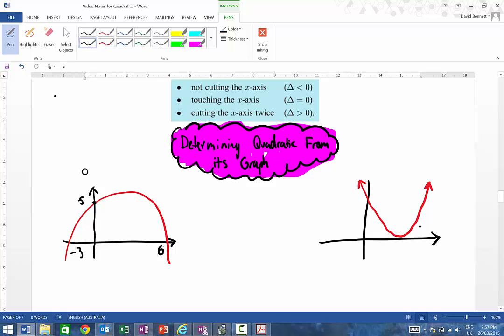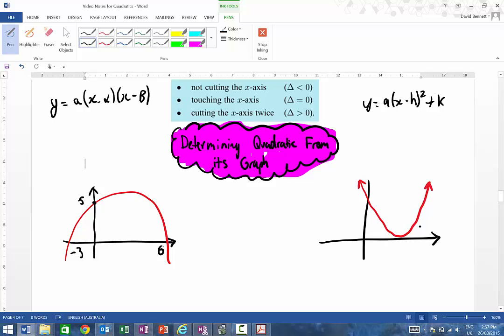So we've got the form y equals a(x - alpha)(x - beta), and then we've also got the other form, which is y equals a(x - h) squared plus k. Those are the things that we're going to keep in the back of our mind while we're doing these equations.